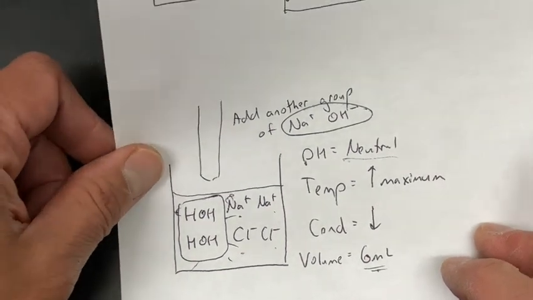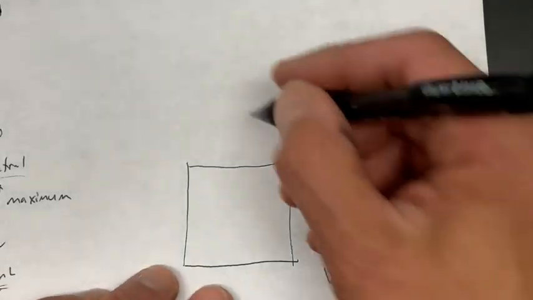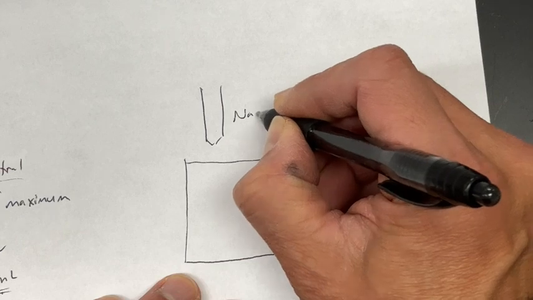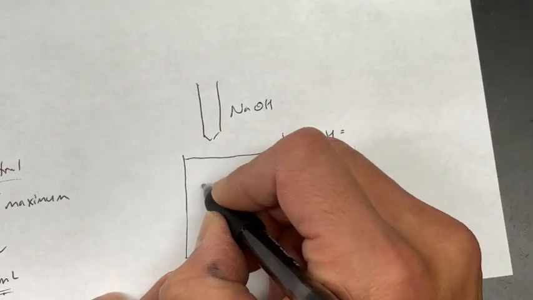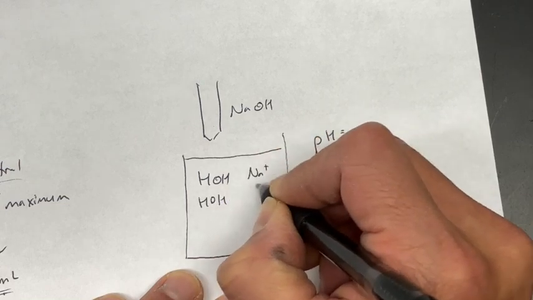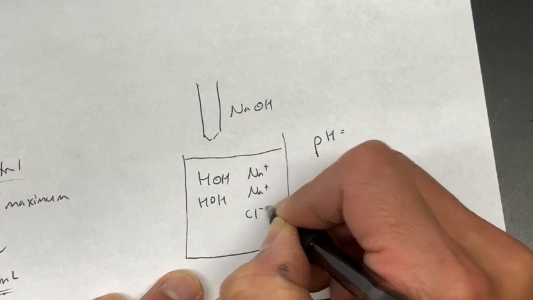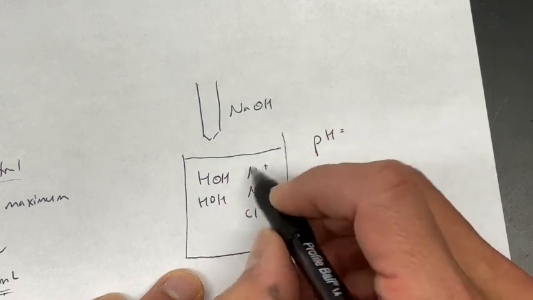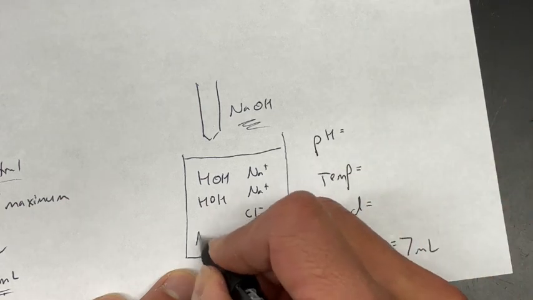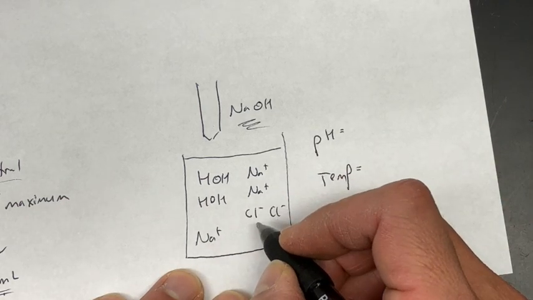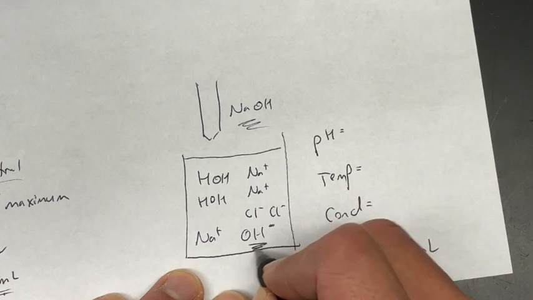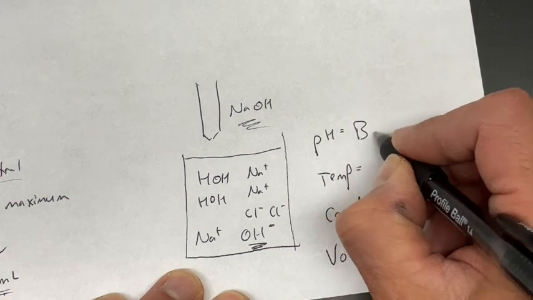And then in my last picture, if I keep adding one more drop of NaOH, okay, well, now I still have my water, I still have my Na plus and Cl minus, but this has nothing to react with anymore. So what happens? Well, now I have an extra Na plus, I have an extra OH minus, and because I have this extra OH minus, now I've turned it to a base.